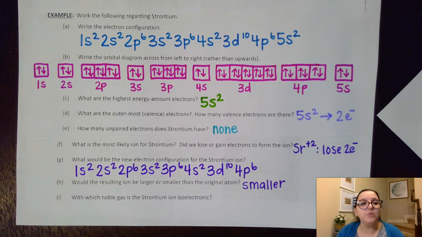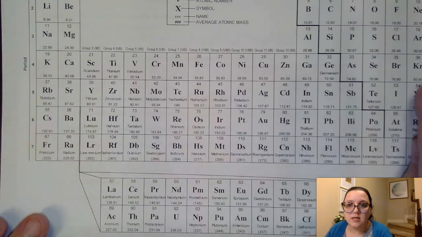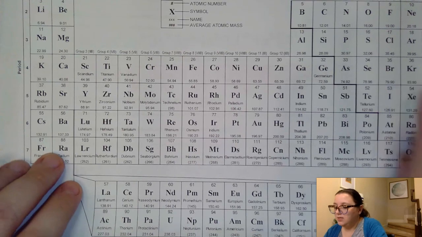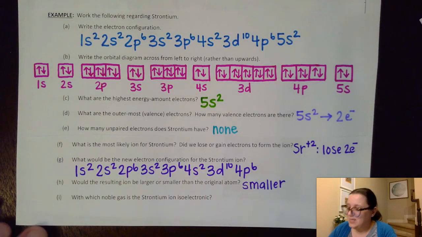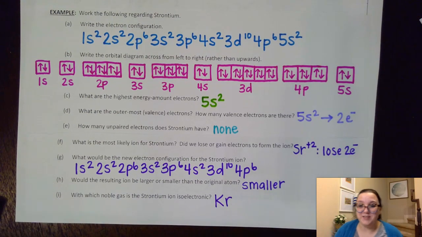And then finally it asks, with which noble gas is the strontium ion isoelectronic? So let's think about that on our periodic table for a second. When that strontium loses those 2 electrons, it goes back over here and ends up looking like krypton. The electron configuration that we wrote here for the strontium ion is the electron configuration for krypton. They're one and the same.